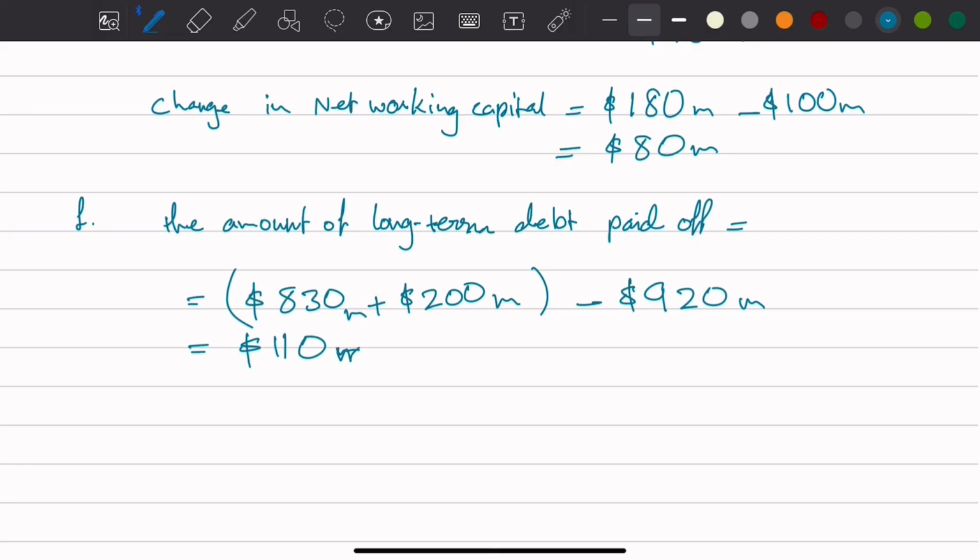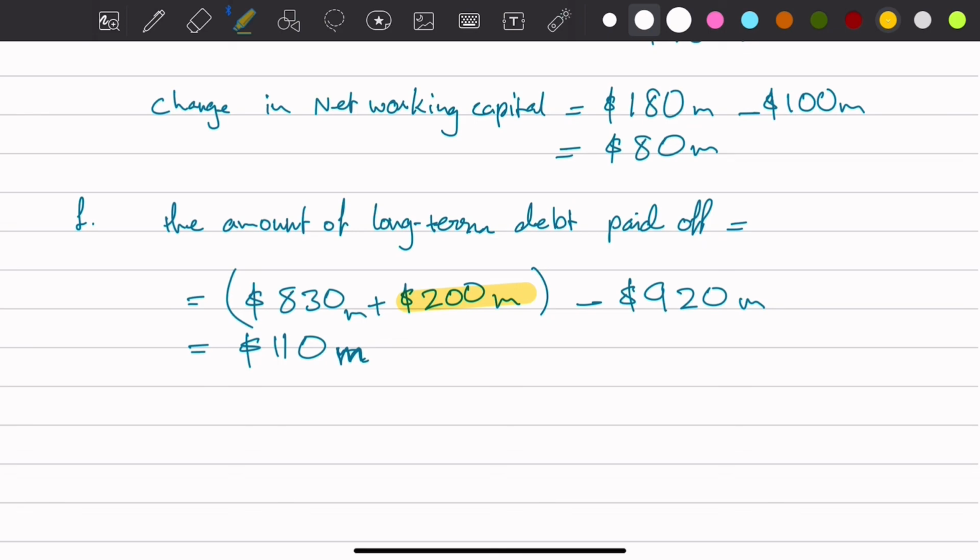So the amount of debt that the company must have paid off is 110 million, which is the amount that is reduced from the long-term debt after we consider the fact that the company has actually raised 200 million more in long-term debt.